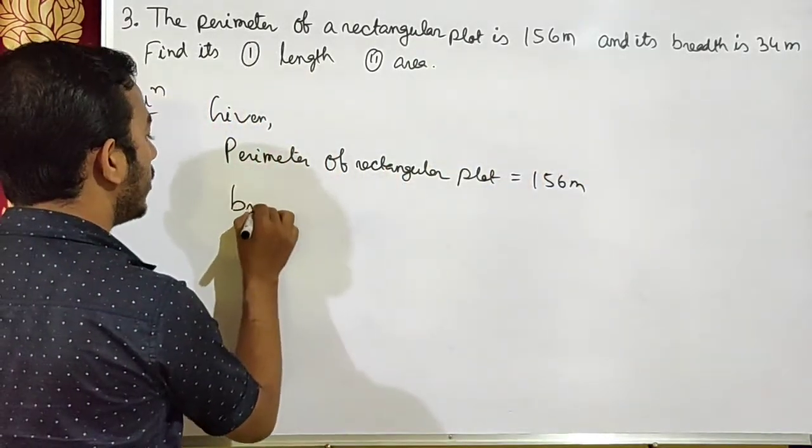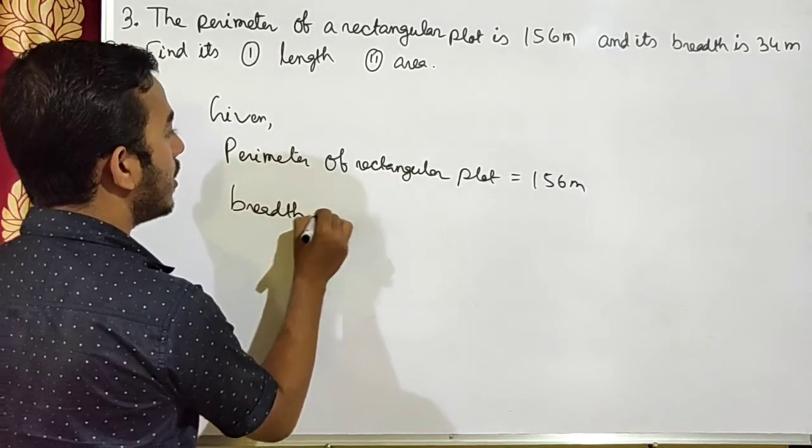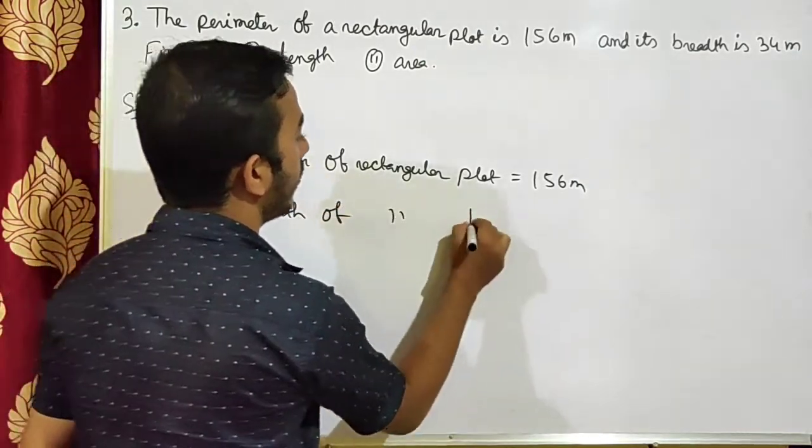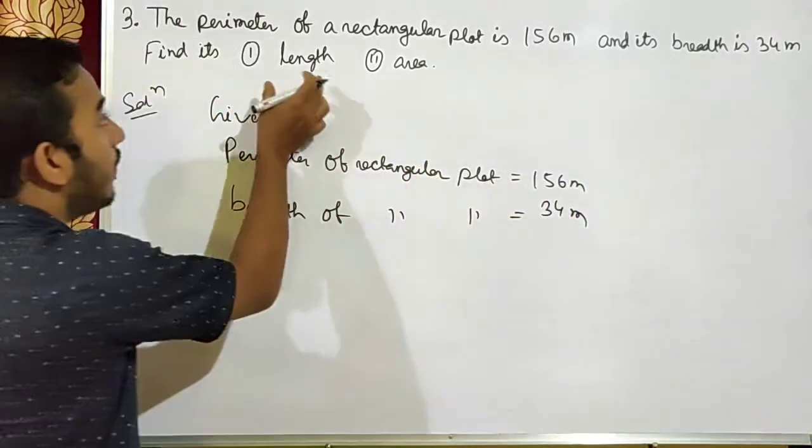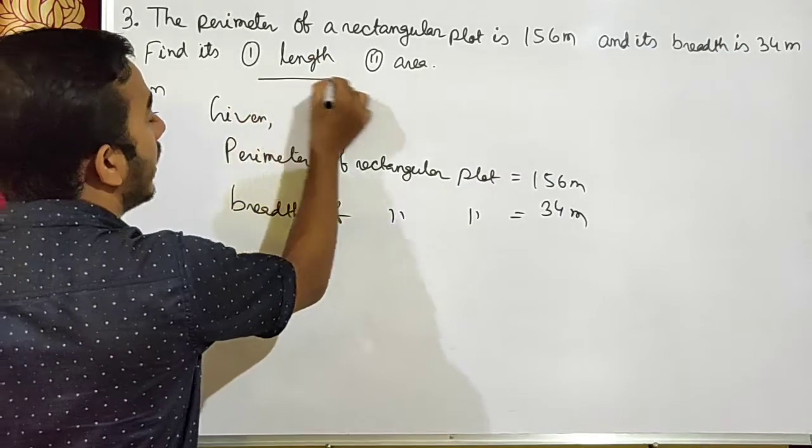Now breadth of the rectangular plot is how much? It is 34 meter. Now first thing we have to find is its length.